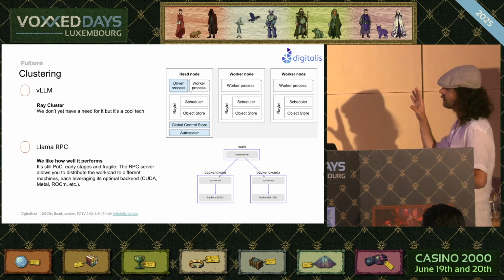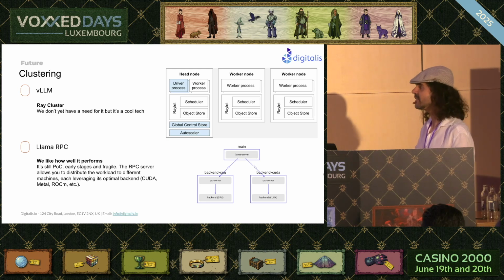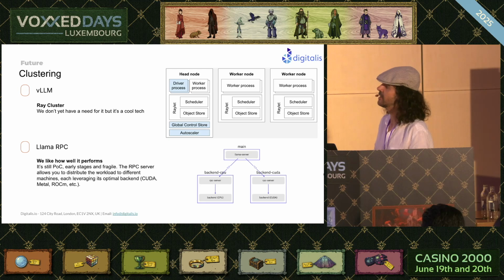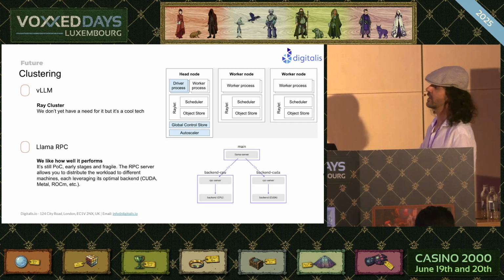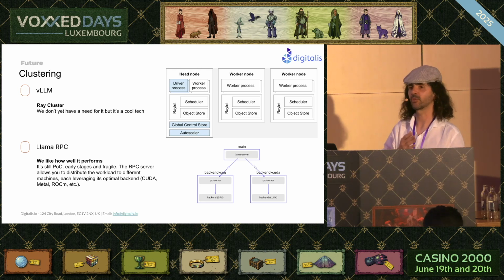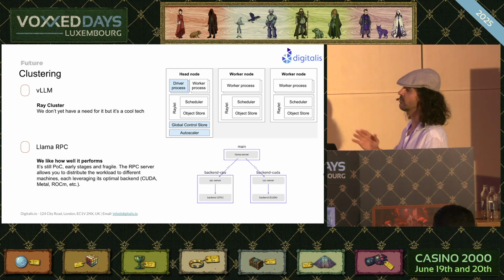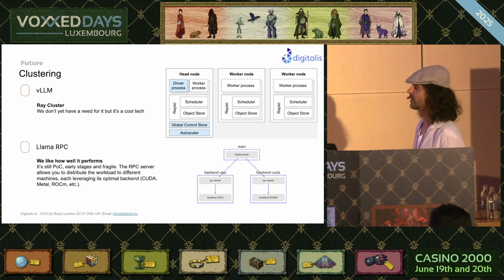The array on vLLM is slightly better, more advanced. It's been out there for longer. The downside is that vLLM does not support as much hardware as Llama.cpp does. So there is a bit of a compromise in there. If we decide to use vLLM fully, we're going to be more strict with the hardware we choose. If we use Llama.cpp, we can be more flexible and have other hardware options.